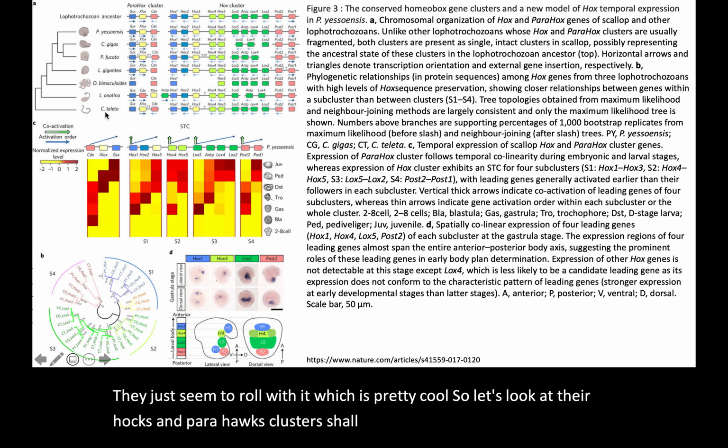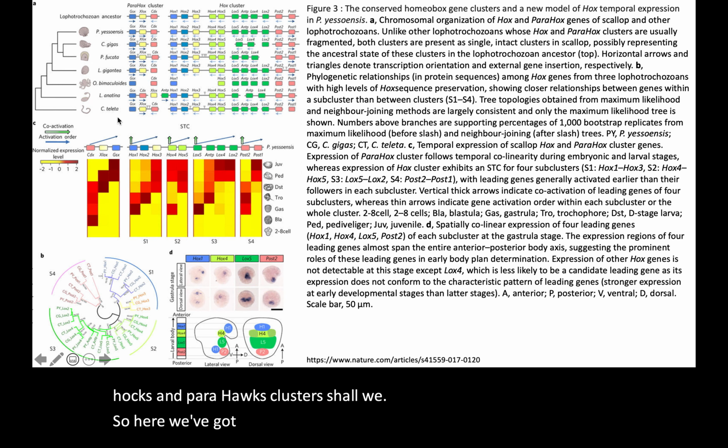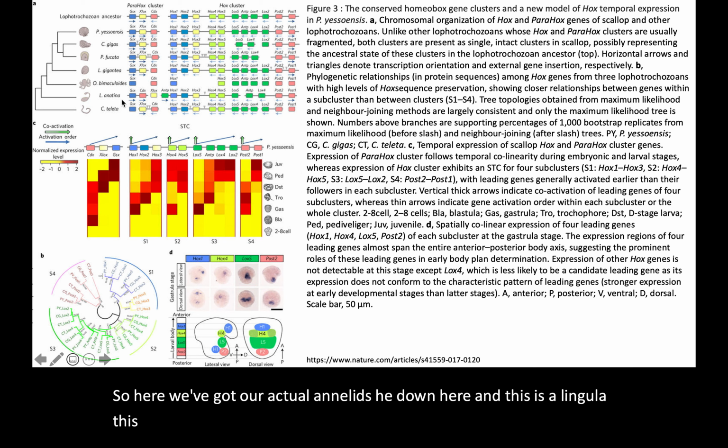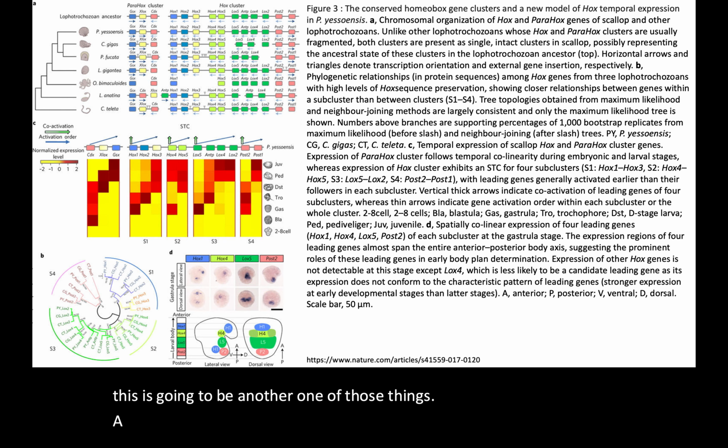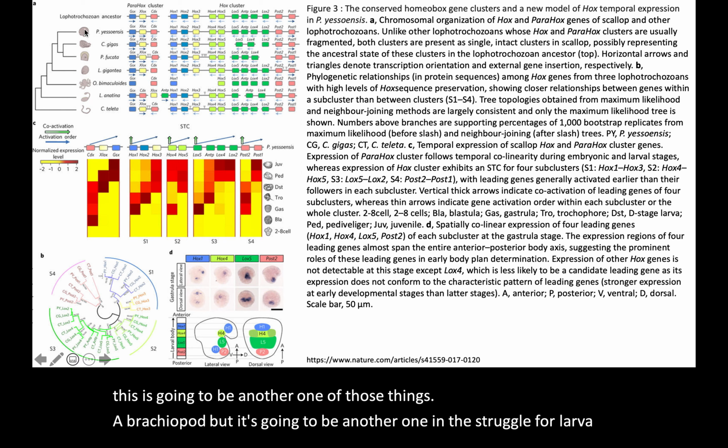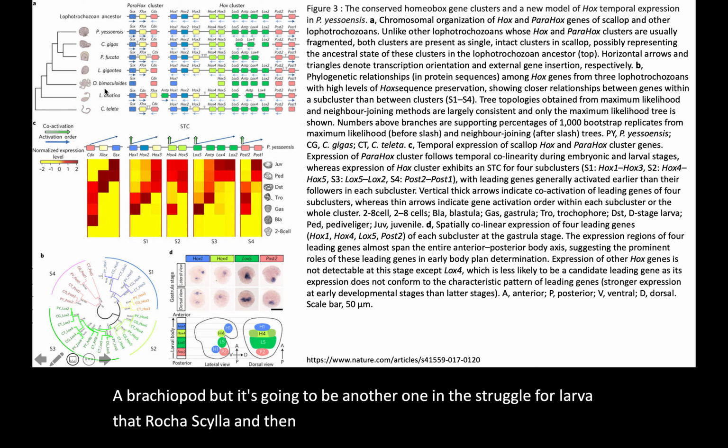So here we've got our actual annelid down here. And this is a Lingula, so this is going to be another one of those things, a brachiopod, but it's another one that has trochophore larvae, the trochozoa. And then here we're going to have all legitimate mollusks.